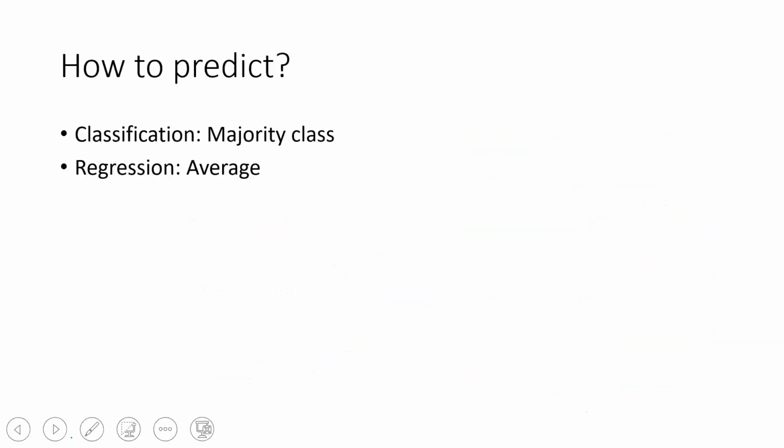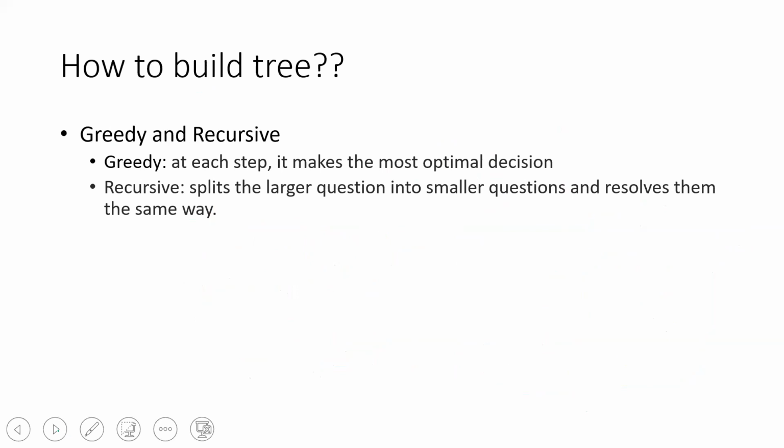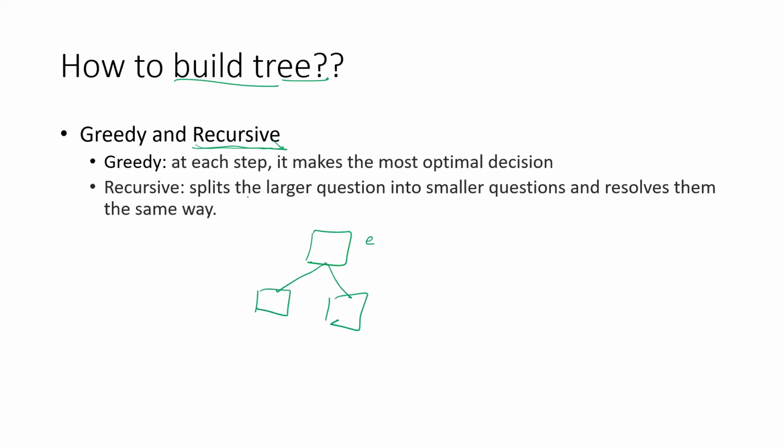But the main question is how you build the tree. Before that, notice that the procedure for building the decision tree is recursive. Recursive means you start from the top with the entire data set, and then you keep on splitting the larger data set into smaller parts, and then you split the smaller parts again. This is also a greedy search algorithm, because at each step it just takes the optimal solution.